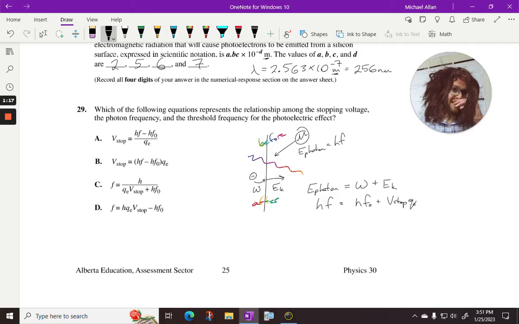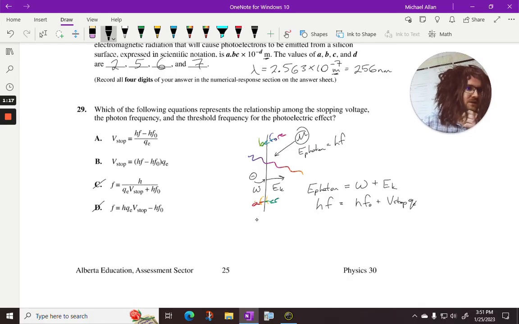Now, which of these is the rearranged version that represents the relationship between stopping voltage and the threshold frequency? Well, it's probably either going to be A or B, because the other one doesn't have the threshold frequency and the stopping voltage on the same side, so that doesn't help us determine the relationship. So it's got to be either A or B.